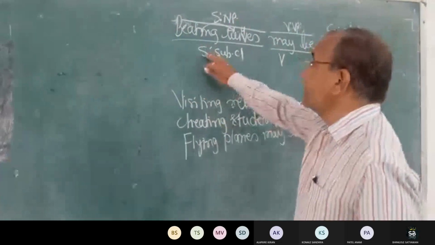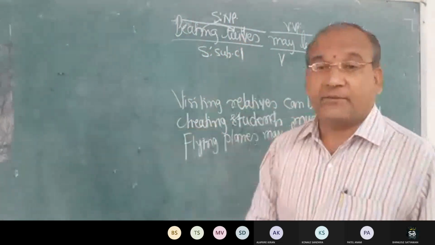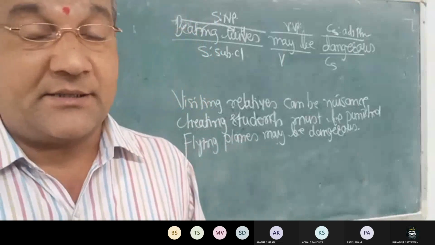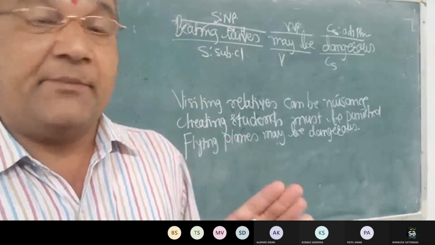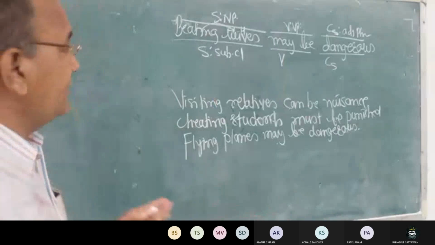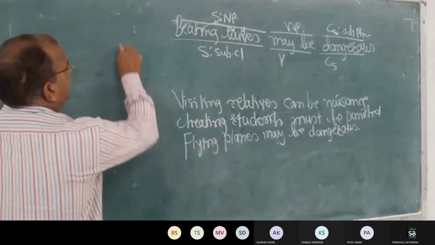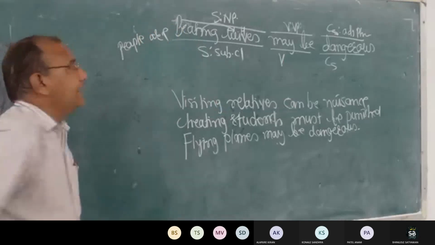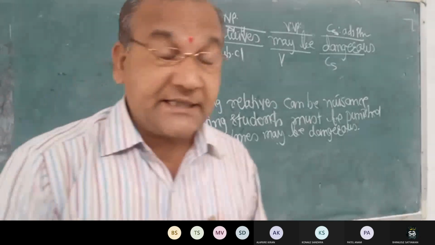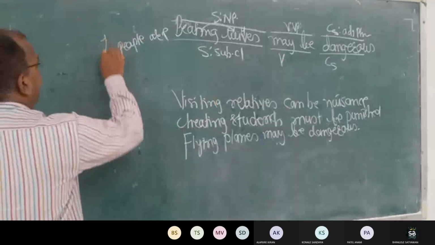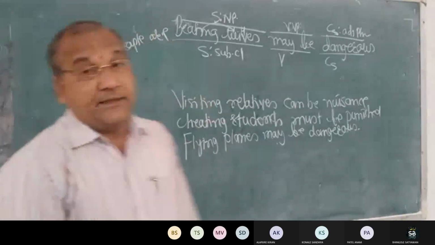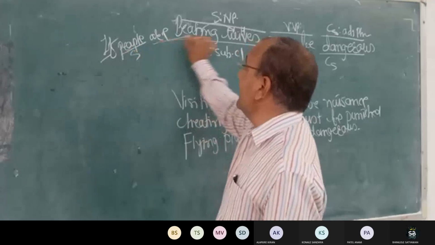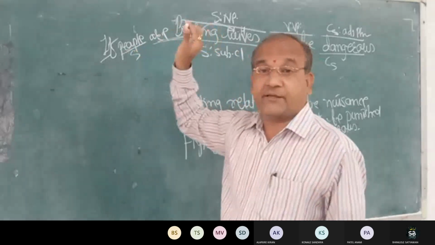If I treat it as a subordinate clause, then the meaning will be different. As it is a non-finite subordinate clause, an ing participle noun clause functioning as subject, if I bring it into finite form, it is: if people are beating. I provide a conjunction, a subject, and are beating as a finite verb phrase.